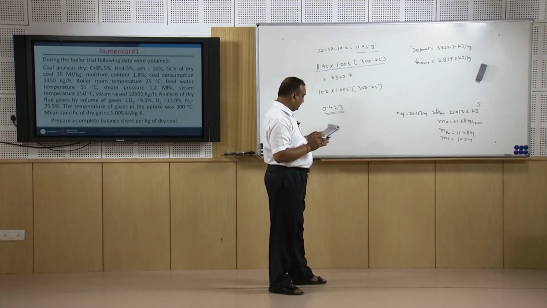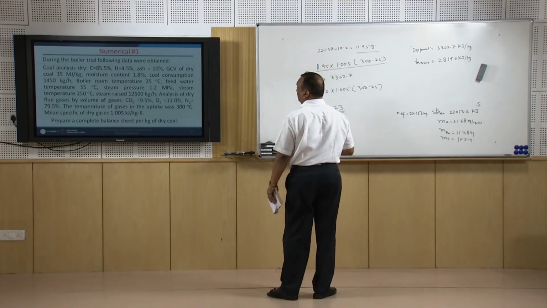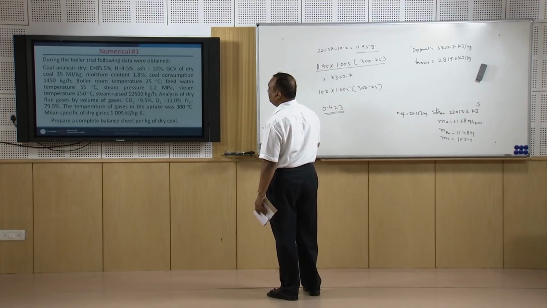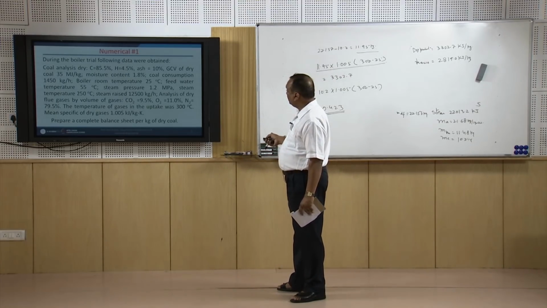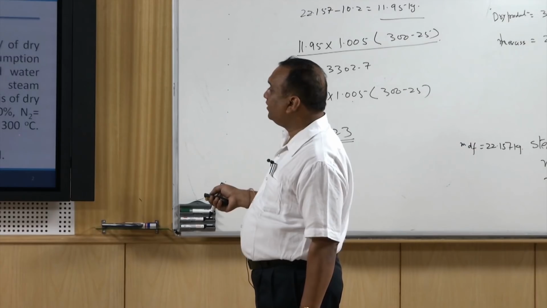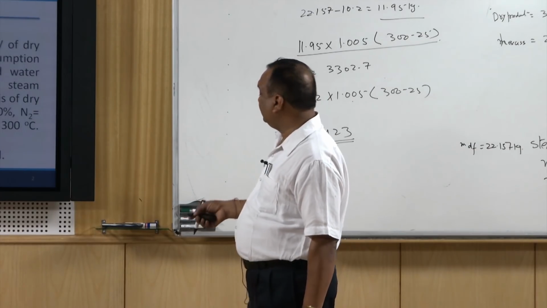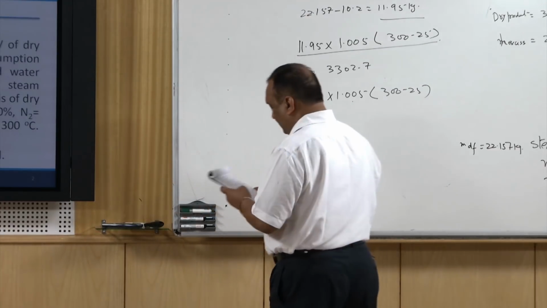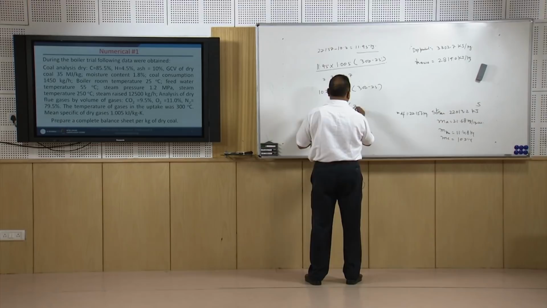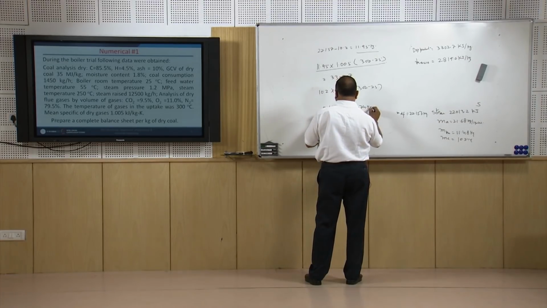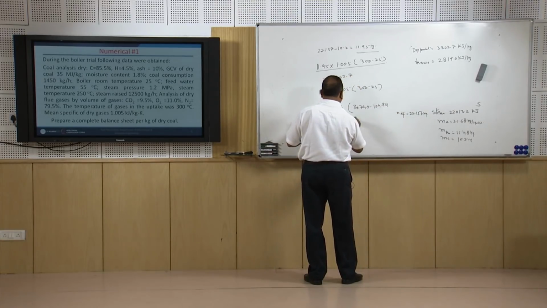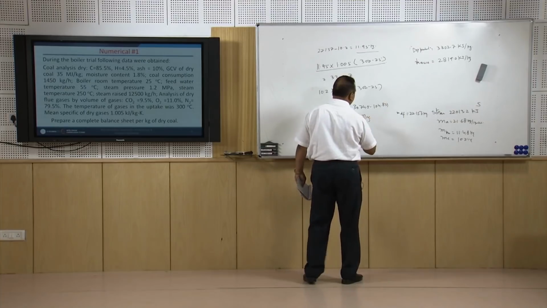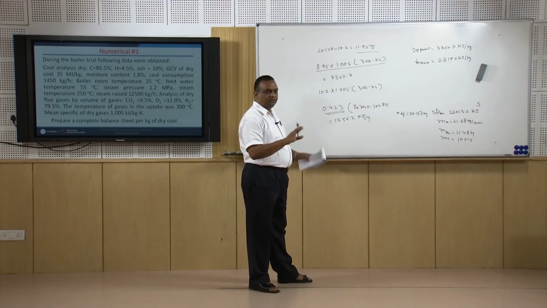It is the enthalpy at 300 degrees centigrade, outgoing, minus the enthalpy of water at atmospheric temperature of 25. So it is 3074.5 minus 104.83, and it comes to 1256.2 kilojoules per kg.